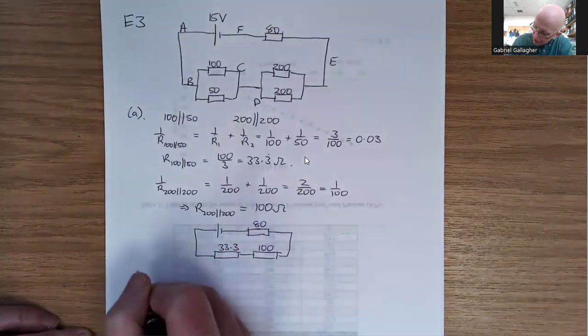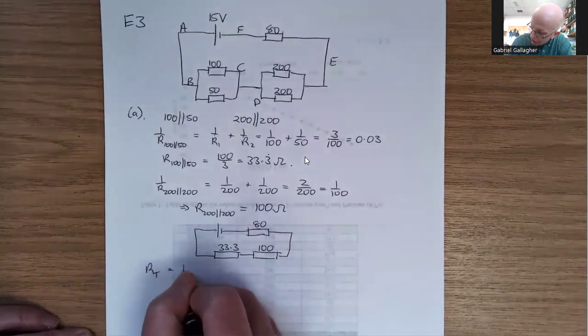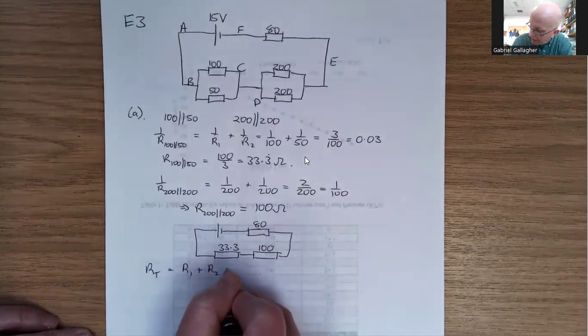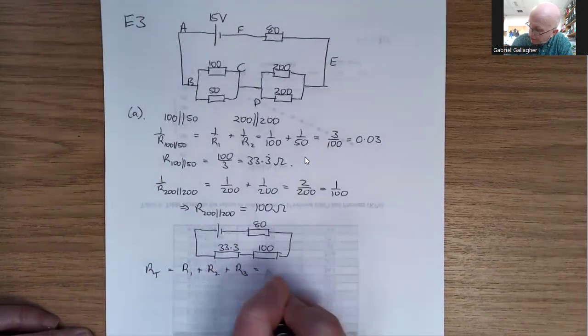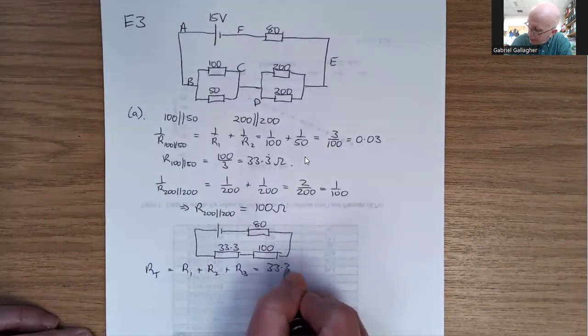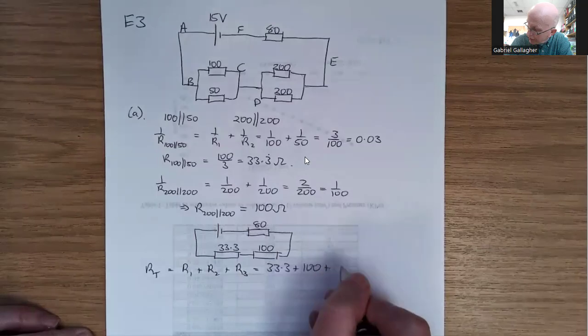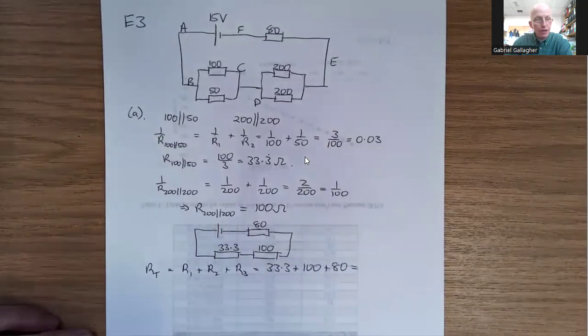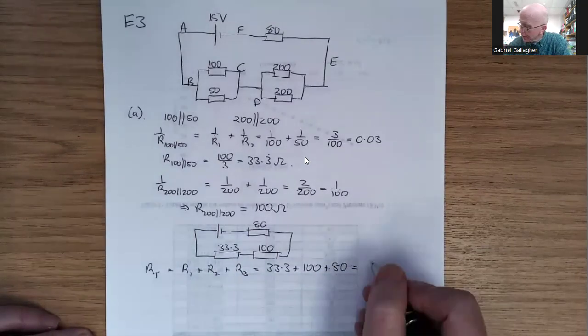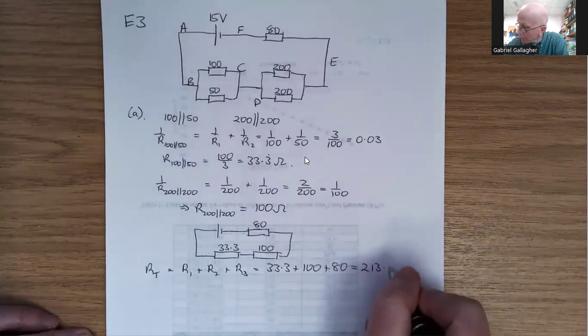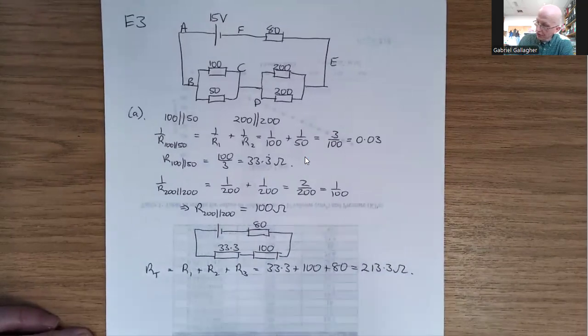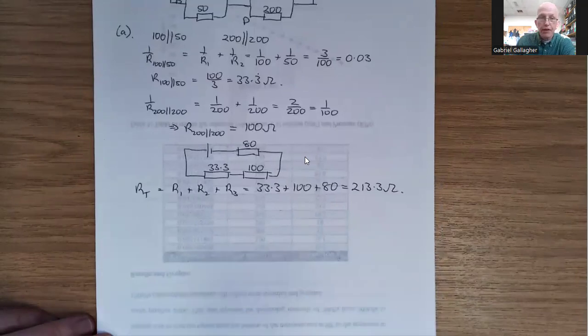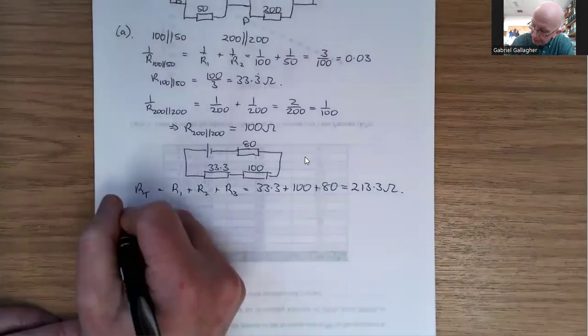They're in series, so our total is just R1 plus R2 plus R3. Add them all up: 33.3 plus 100 plus 80, and you'll get 213.3 ohms as our answer. And that's part A done.